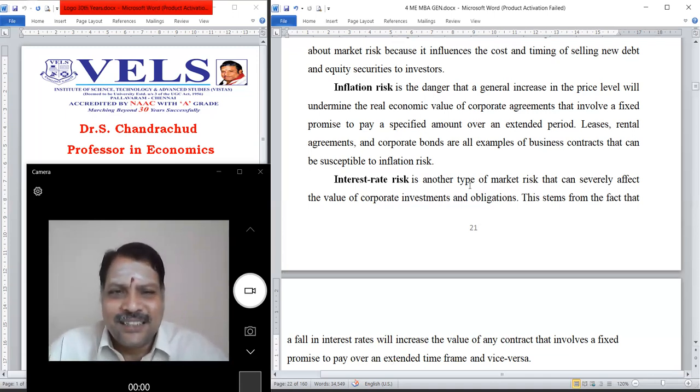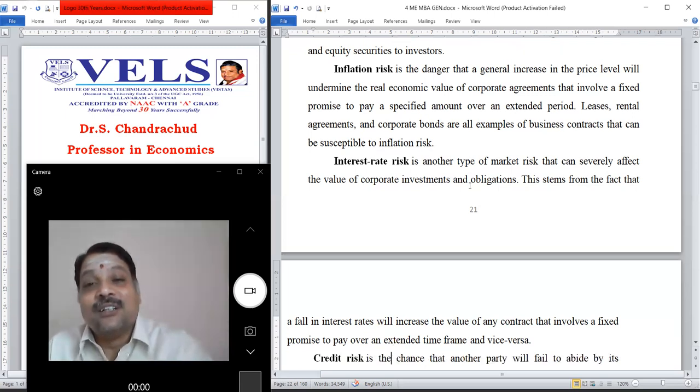So it is a very dangerous risk. For example, the rental agreement, lease, or corporate bonds, all these instruments provide some inflationary risk. It is quite possible. He who is able to handle this particular inflation risk is an effective businessman.